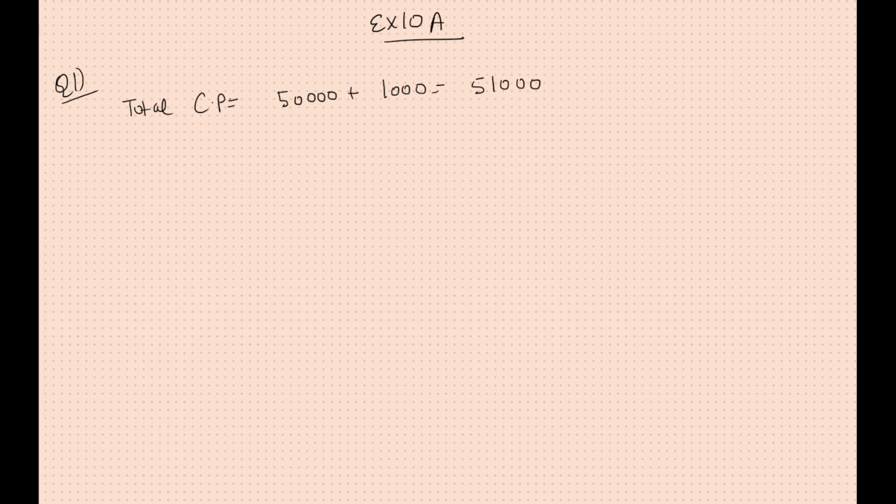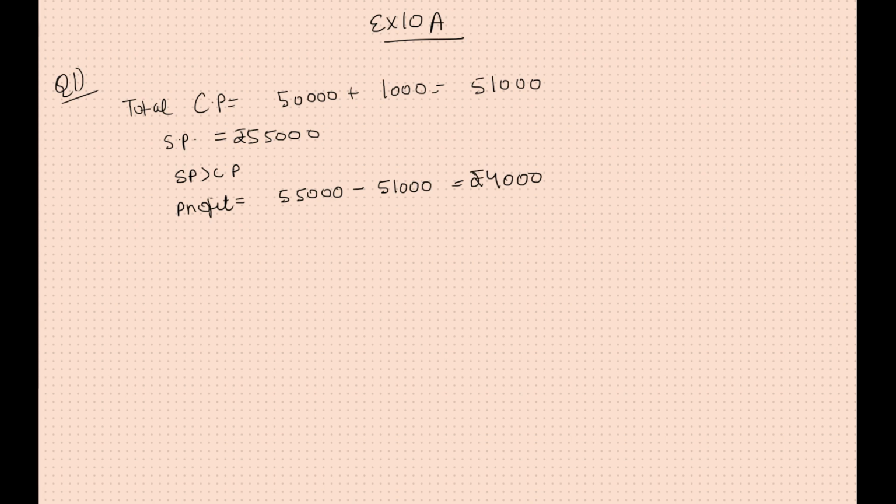Selling price is 55,000 rupees. We can see selling price is greater than cost price, so profit equals 55,000 minus 51,000. So it is 4,000 rupees.